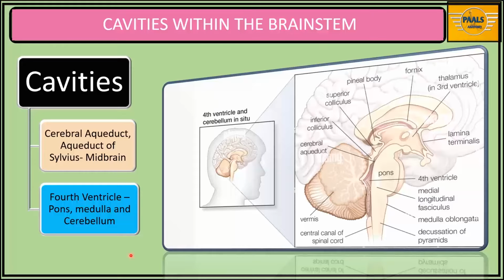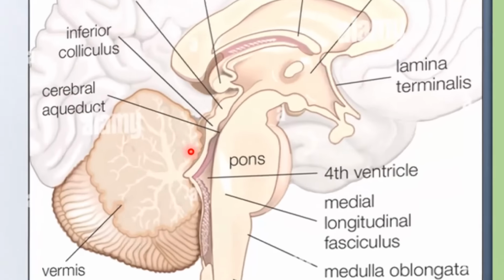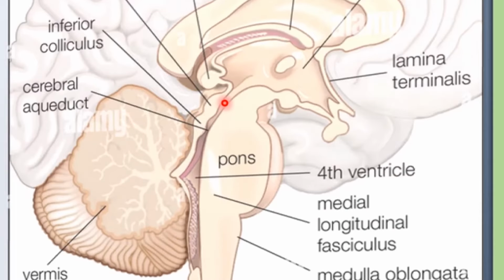Like other parts of the brain, the brainstem also has cavities within it. We have a cavity within the midbrain, and also a cavity between the pons and medulla anteriorly and the cerebellum posteriorly. We'll start with the midbrain. Here again is the midbrain, and we have this cavity that is called the cerebral aqueduct or aqueduct of Sylvius, which is the cavity of the midbrain.